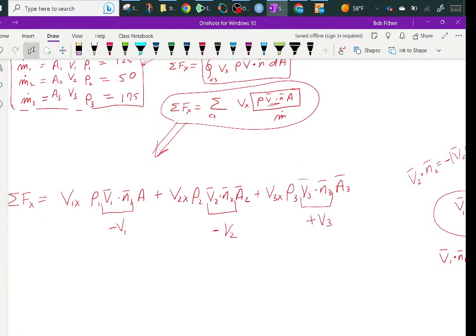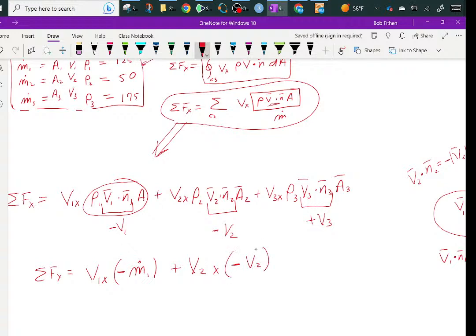So if that's the case, then the sum of the forces in the x direction is equal to, since this is m dot, it just becomes V1x times a minus m1 dot, plus V2x times a minus m2 dot, because that's what the m2 is, plus V3x times plus m3 dot.